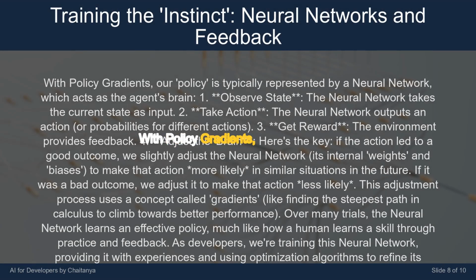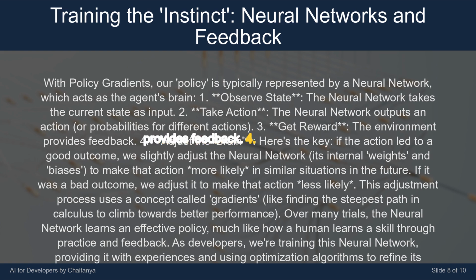With policy gradients, our policy is typically represented by a neural network, which acts as the agent's brain. 1. Observe state. The neural network takes the current state as input. 2. Take action. The neural network outputs an action, or probabilities for different actions. 3. Get reward.